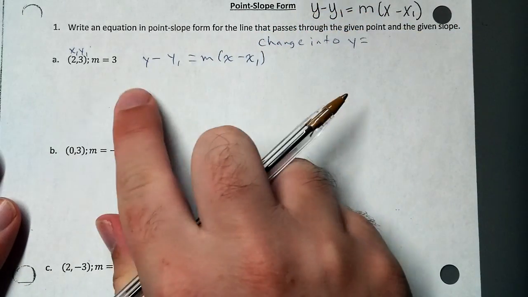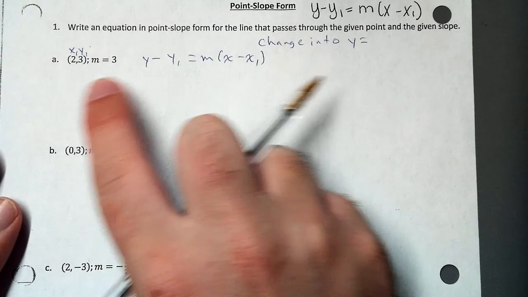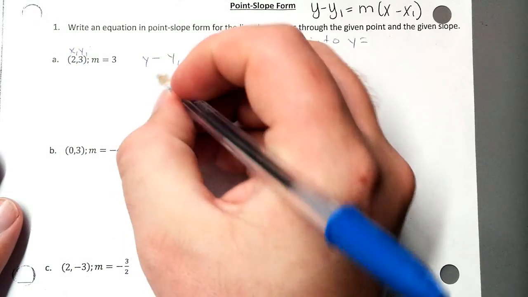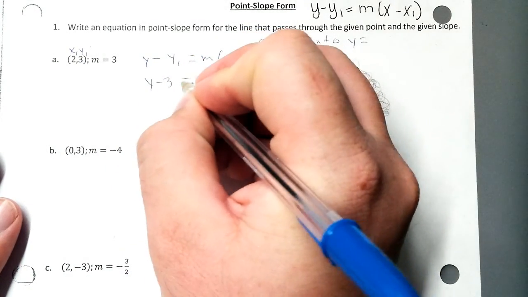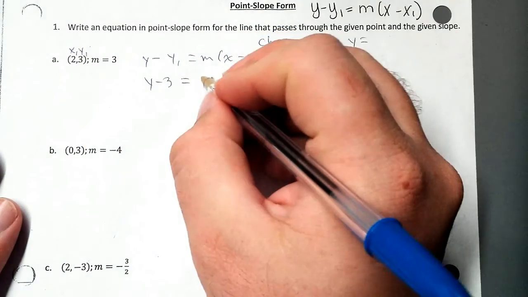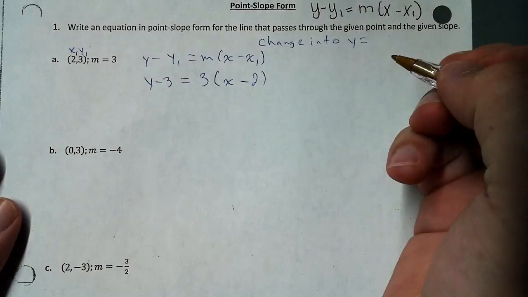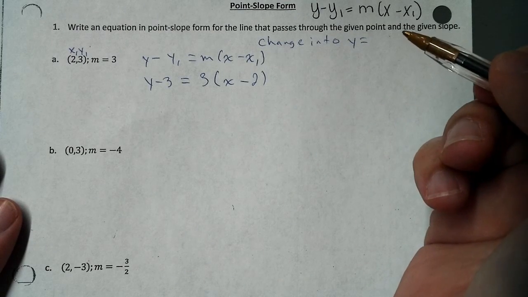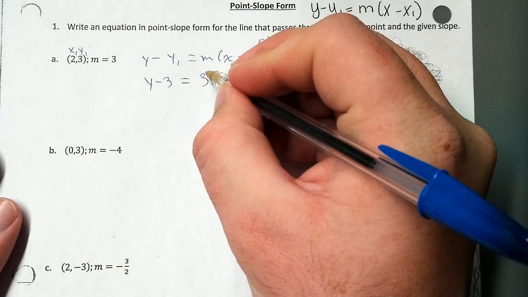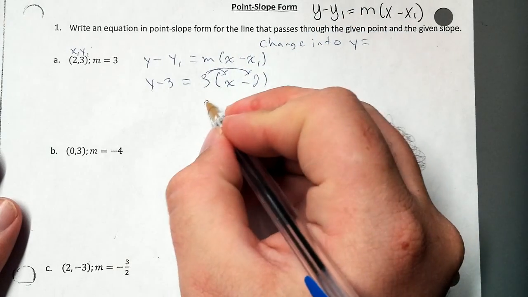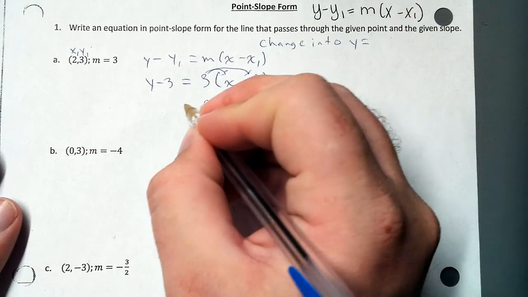Since I have everything labeled, I just need to plug it in. So y minus 3 equals m, which is also 3, parentheses x minus, and our x value there is 2. So we plugged it in. Now we're going to distribute. So 3 times x, and then 3 times negative 2, which will give me 3x minus 6.